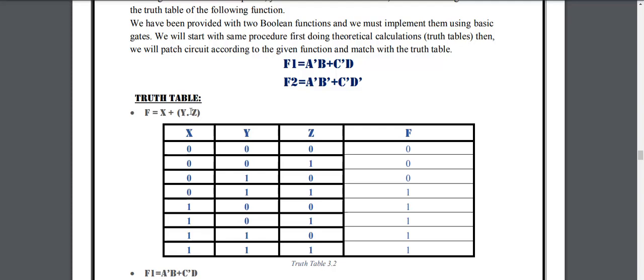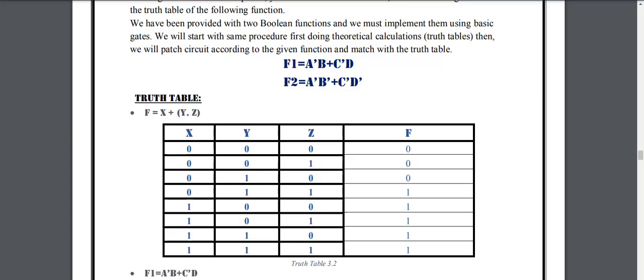And for y into z to be 1, both of y and z have to be 1. So if we see from this truth table, y and z here are 1, so we have 1 at the output while the value of x is 0. And for all the other conditions where the value of x is 1, we have a 1 at the output no matter what the value of y and z is.